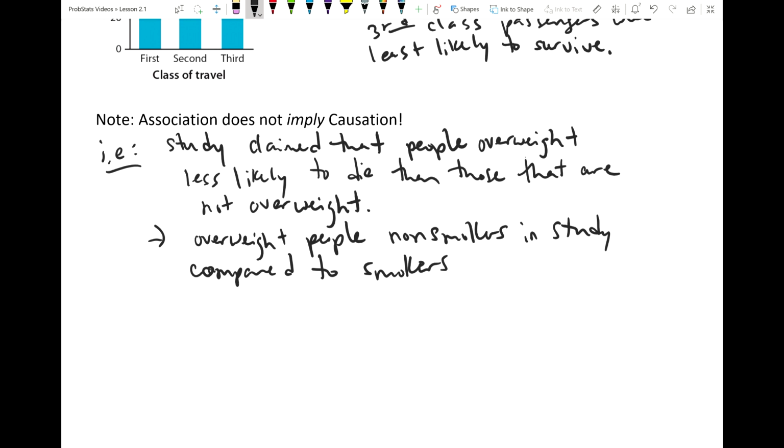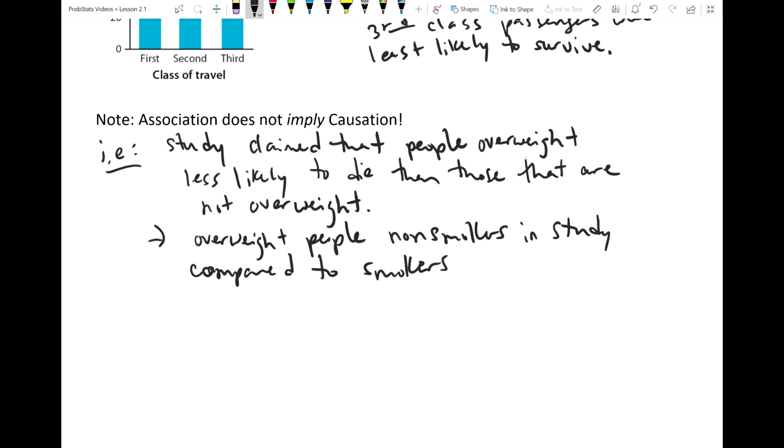Smoking increases the death rate, right? So it made those that were overweight and non-smokers look better. You know that smokers tend to be thinner and also much more likely to die. So these confounded results ended up leading to a different conclusion than otherwise intended.